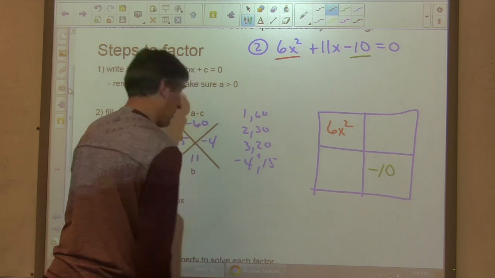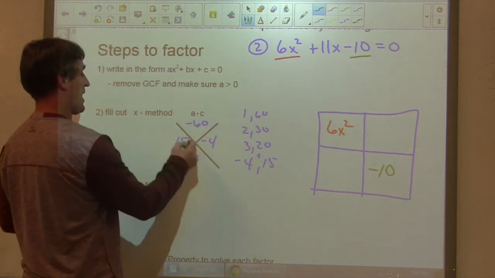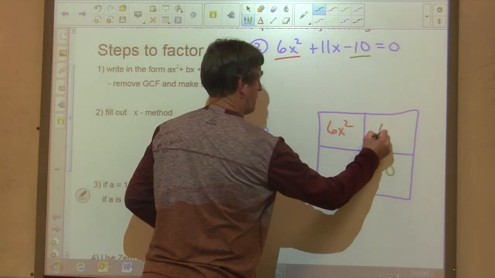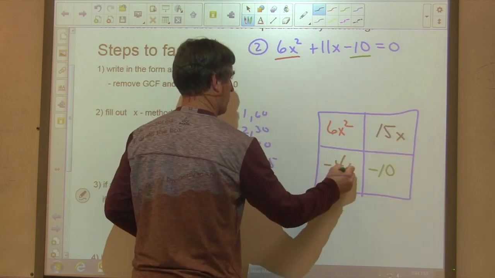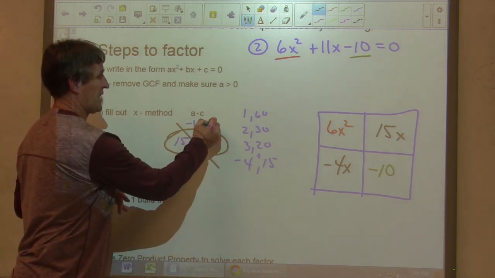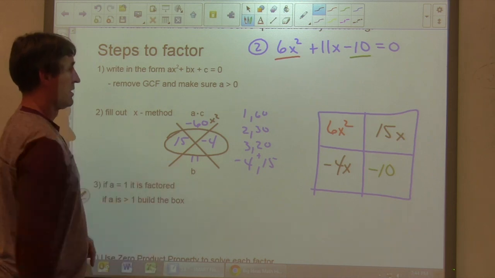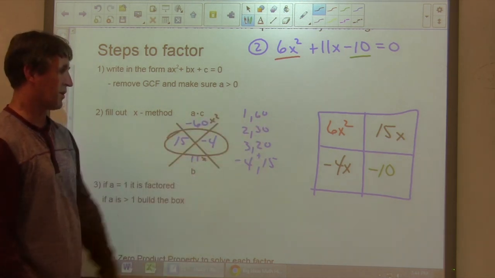And then I fill out the rest of the box with my two numbers from the side here, 15 and negative 4. So 15, again, you put an x with that, and a negative 4x. Again, the reason is this is actually negative 60x squared, and so I need an x with both of those, and this is an 11x. So that's why those x's go there.